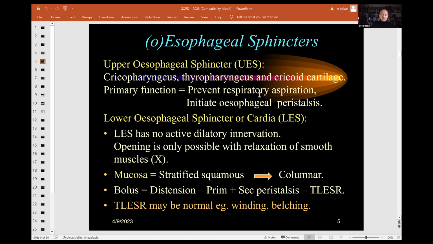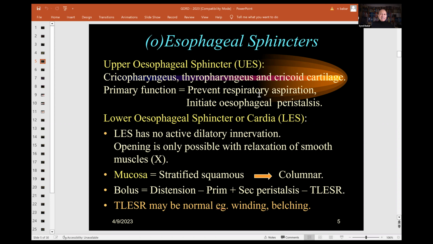And then, of course, subsequently, it's the distension of the food bolus, which stretches the muscular walls of the esophagus, which further carries on the phase of peristalsis, in a sense that where it is distended, the subsequent part relaxes and the first part remains tight. So therefore, the bolus is propelled downstream.